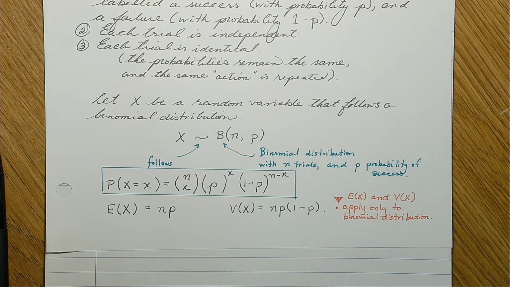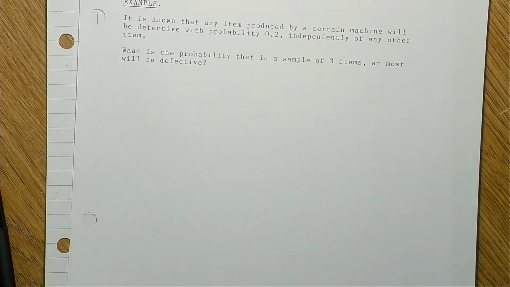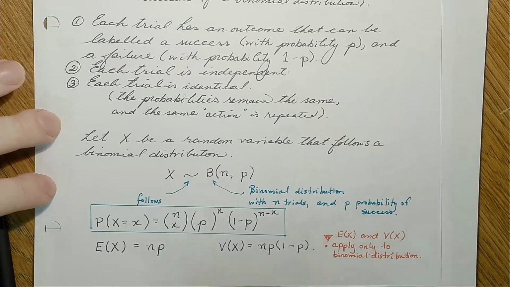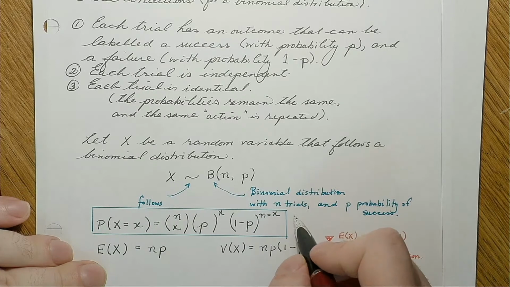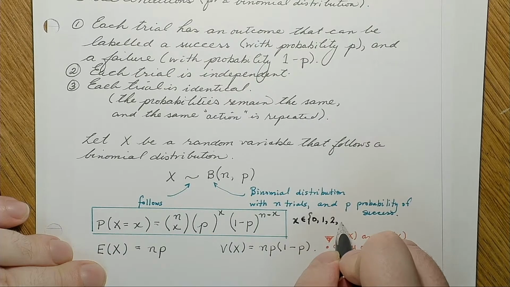We have to use the definition of the expected value and the variance. Now, I should write on here, and again, this would be for x is an element of 0, 1, 2, all the way up to n.